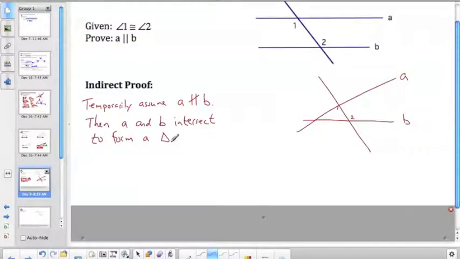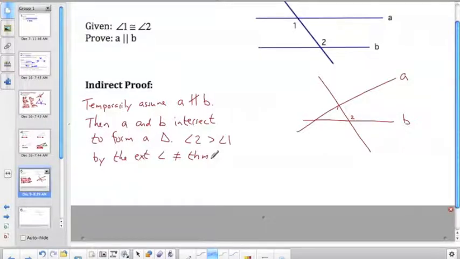Because we have a triangle, angle 2 is an exterior angle for that triangle, and angle 1 is a remote interior. So we know that angle 2 has to be greater than angle 1 by the exterior angle inequality theorem that we just proved.